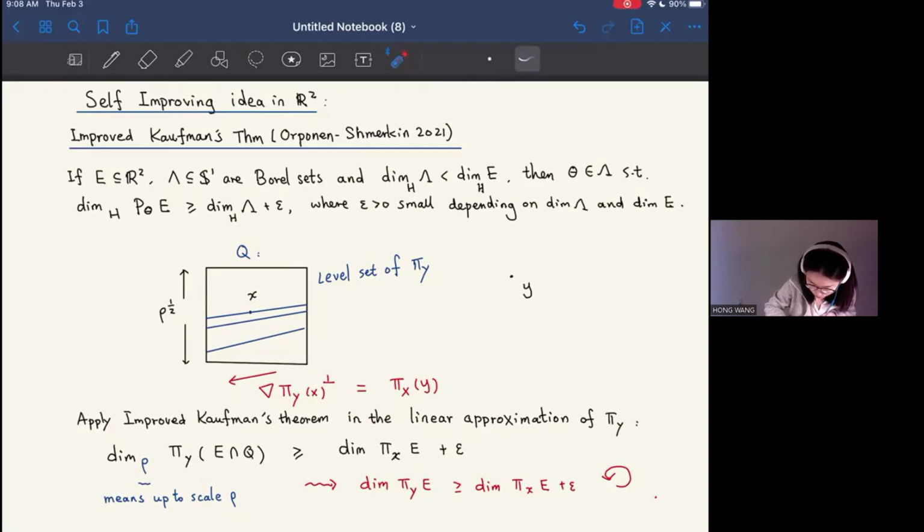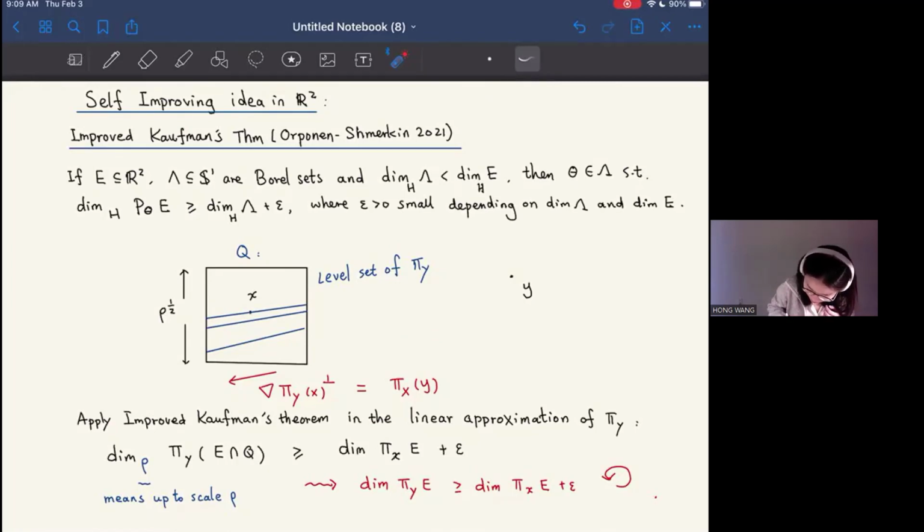We have a cube of side length rho^(1/2), and x is a point in the cube, and y is another point that is sufficiently far away from the cube, at distance about 1. Then we studied the radial projection. As before, we really want the radial projection to be large in order to apply good orthogonal projection theorems to obtain good distance set results.